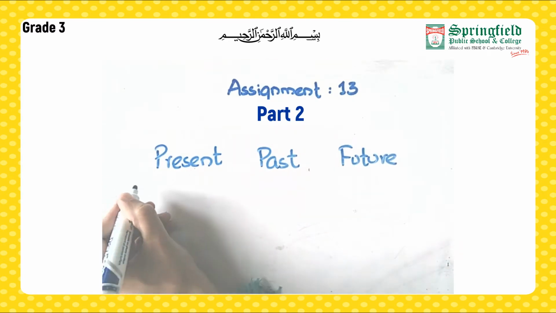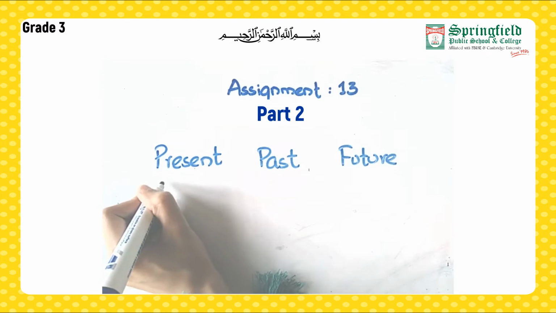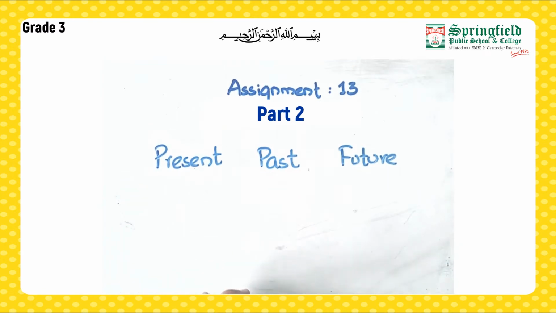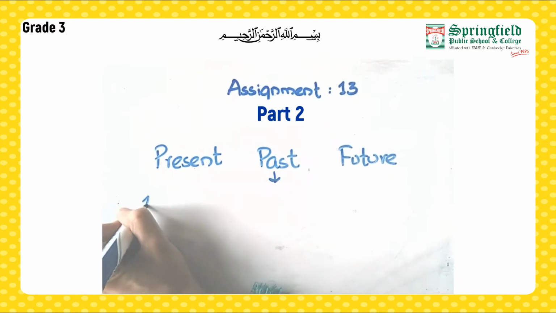Now, as we have got 3 types of tenses, each of these types of tense has got 4 types. So together it makes 12 types. So first of all, let's have a look at past.